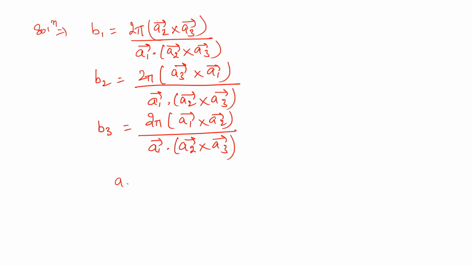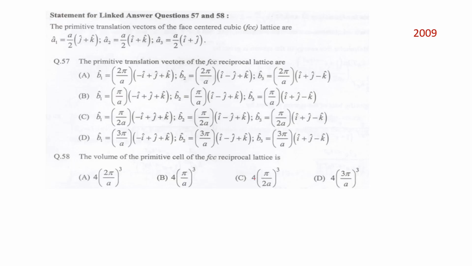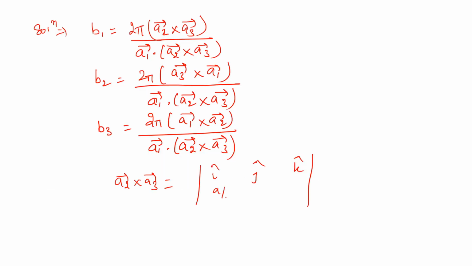So A2 cross A3. This is I, J, K. A2 is I, K only.